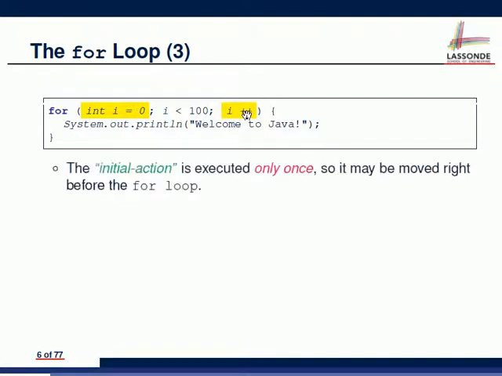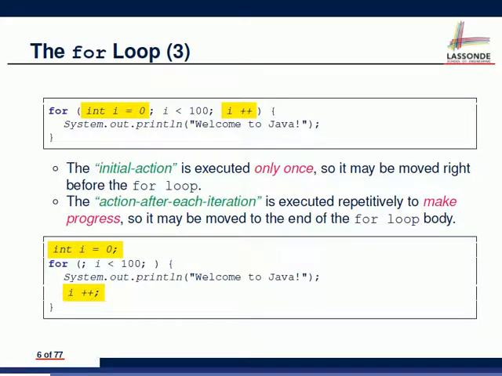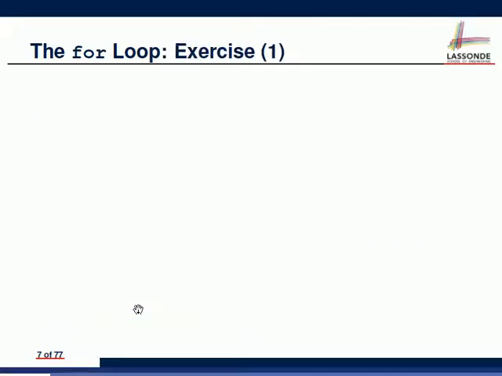So this is completely equivalent to just that. That's also something I have illustrated before. You can simply move whatever initialization over here outside the loop, and you can also move this i++ to the end of the body of the loop. Okay? Any questions?